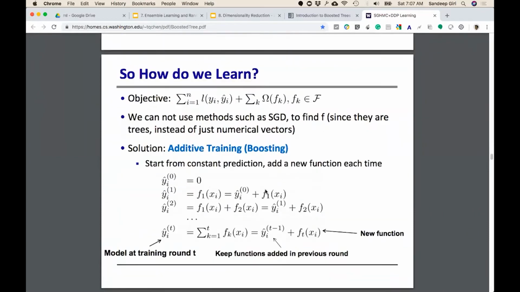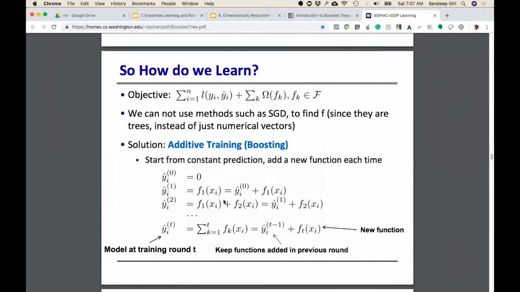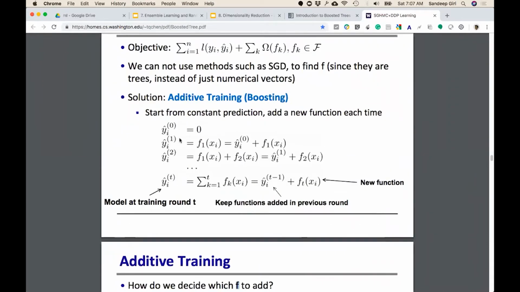When we add a new tree, the y prediction improves a little bit or becomes worse. Initially, when there is no tree, the prediction is 0. Then as we add a tree, the prediction is the previous plus the new additive value, and that's how we keep going.